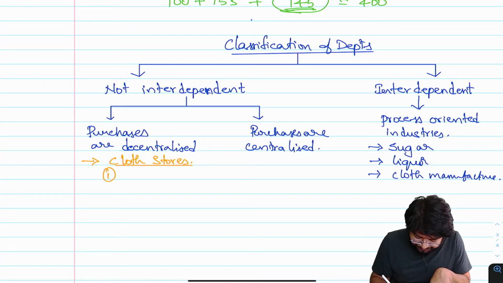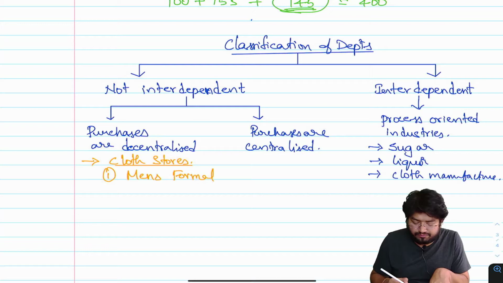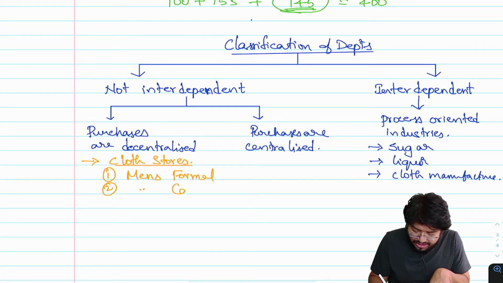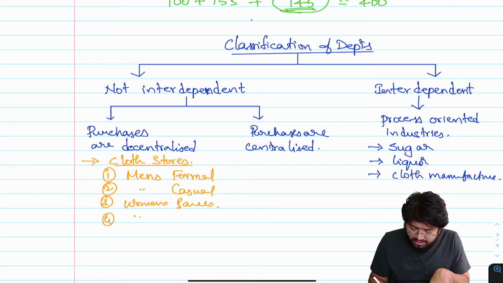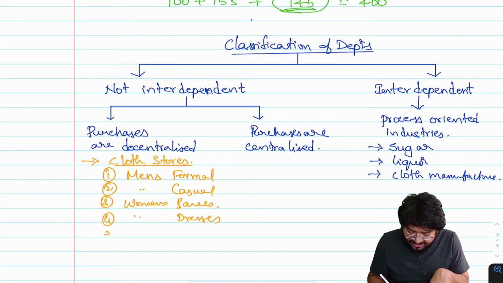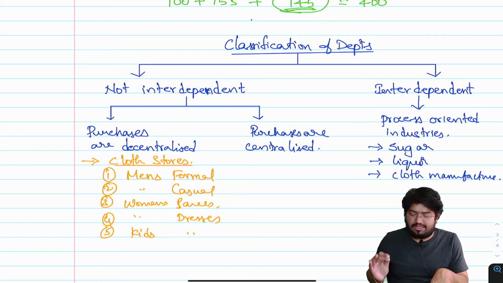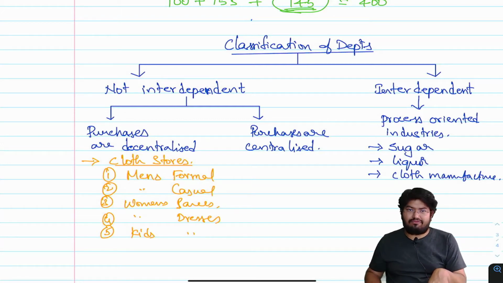Number one, you would have men's formal wear, men's casual wear, women's sarees would be different, or women's dresses would be different. Like that you will have multiple varieties. Number 5, kids would be different. Okay, like this you have multiple departments inside a shop.